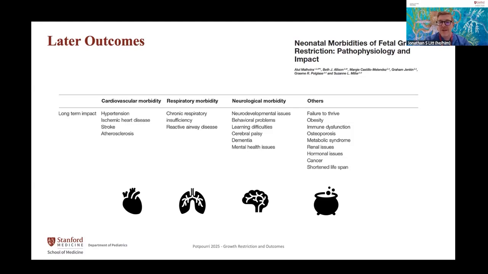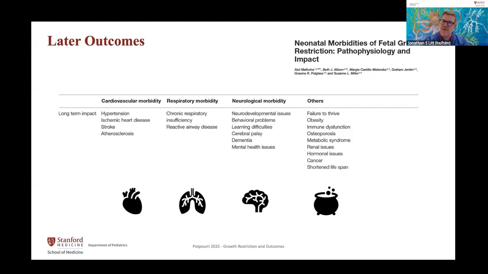There is documented neurologic morbidity, which we'll talk a bit more about in more depth, thinking about neurodevelopment, behavior, learning, cerebral palsy, later dementia, and mental health diagnoses and problems. And then this last other category, this bucket, thinking about both failure to thrive and being small or thin or stunted, having stunted growth, but then also obesity over time.